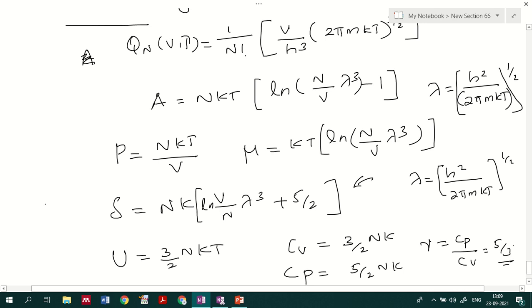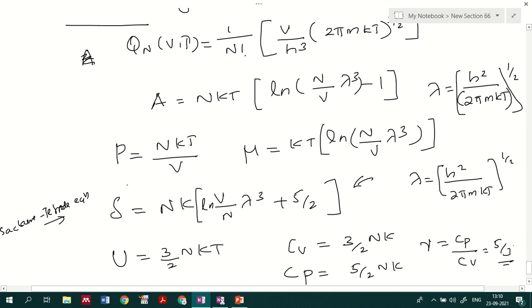Hope you remember that is an entropy equation where, by overcoming the Gibbs paradox situation, we introduced n factorial, and finally we got an entropy equation in the form of the Sackur-Tetrode equation. So here also, if you substitute lambda, you will get that Sackur-Tetrode equation again.